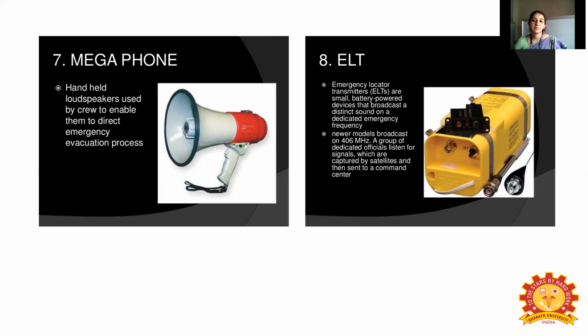Sometimes technically you're not having a connection from the cockpit to the passenger side, then this megaphone is also used. And ELT is nothing but the emergency locator transmitter. These are devices which help to broadcast a sound on the emergency frequency. Okay, so all these are the basic emergency equipments.